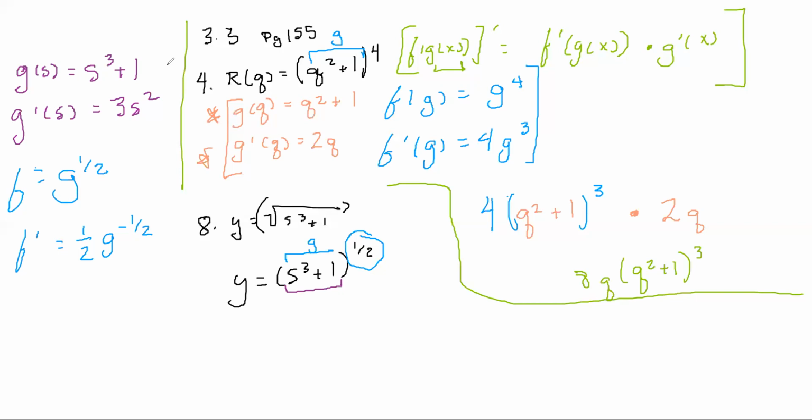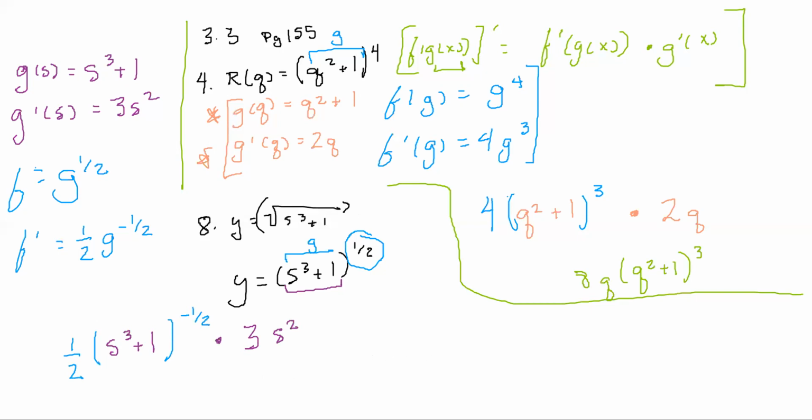And then it's just a matter of putting it all in where it needs to go, using the same equation up here: f prime of g, which is s cubed plus 1, times g prime.